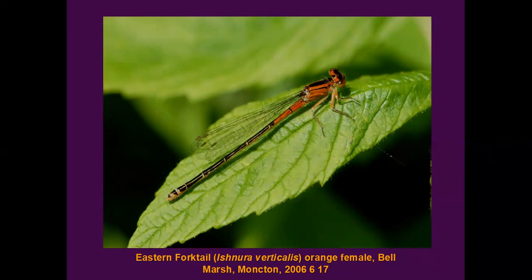So the citrine forktail is actually also the only North American damselfly known from Europe. It's shown up in the Azores Islands, mostly because it was probably carried overseas by wind.